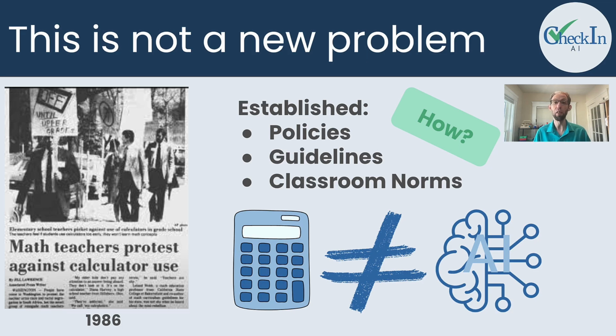It's a different level of power. The calculator took over some of the more algorithmic tasks in math and allowed students to do more problem solving and thinking. AI can do that, but it can also take over some of the thinking, which is what we don't want. So we need to discuss that in more detail. And I don't want to oversimplify by saying, get over yourself, AI is going to be great, just like the calculator. It's not that simple.